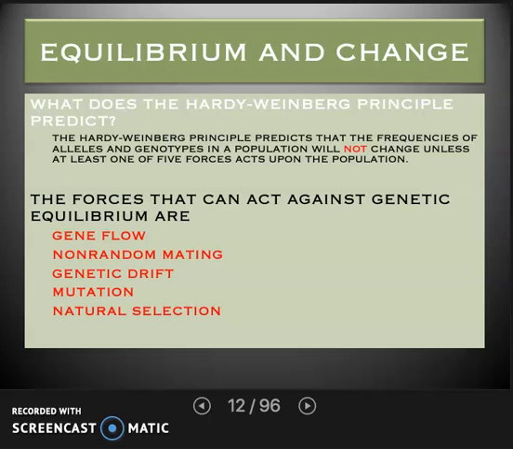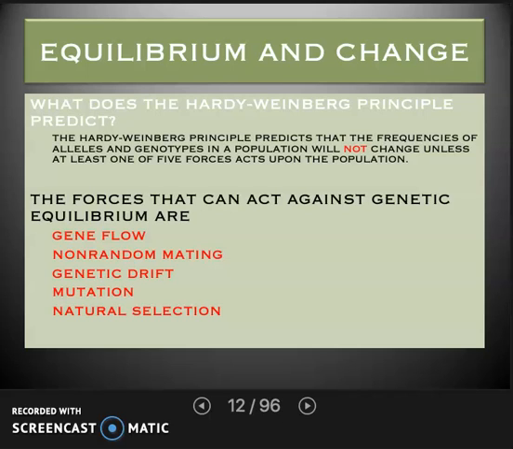Hardy-Weinberg is an idealized version of populations. It's idealized in the sense that it doesn't really exist, because you have to have very strict terms under which it operates. We'll look at those in detail. But first, let's take a look at the mathematics.